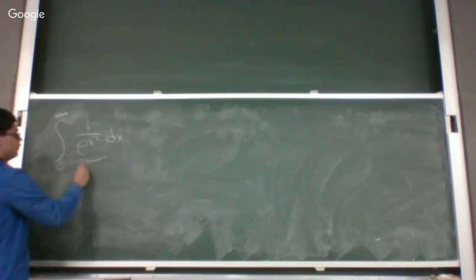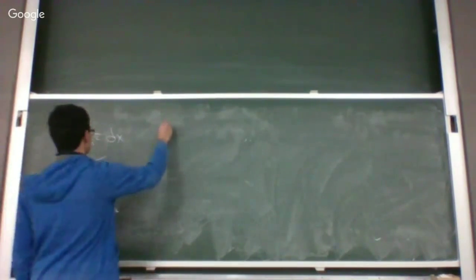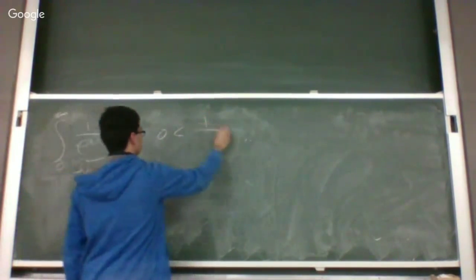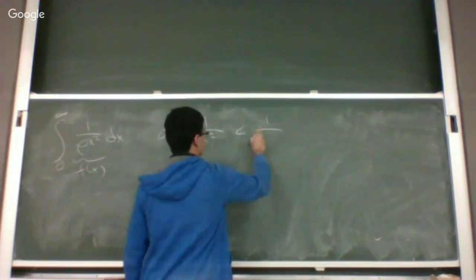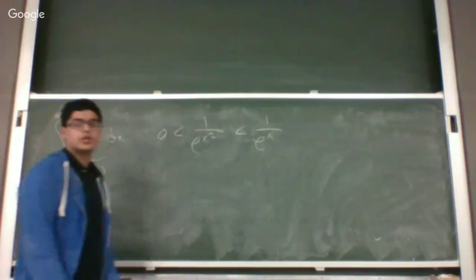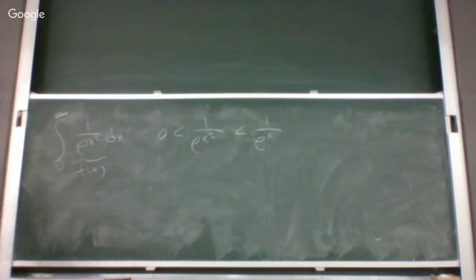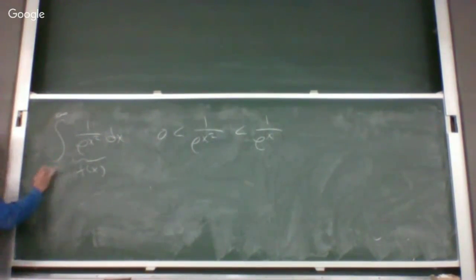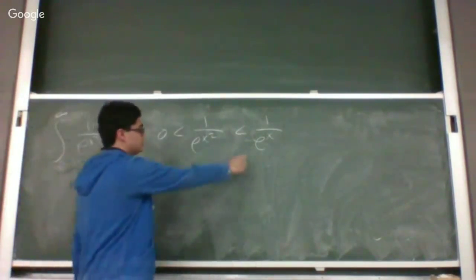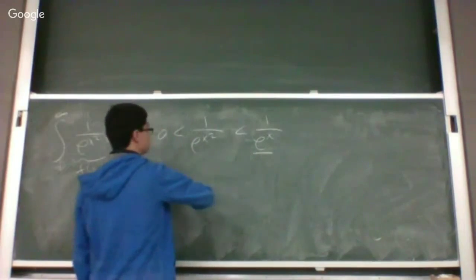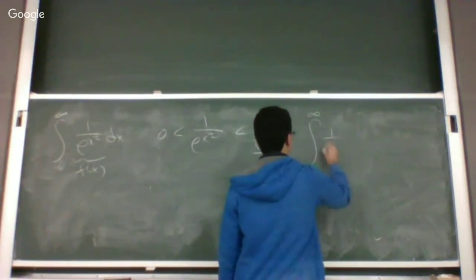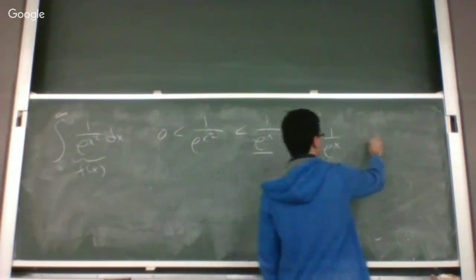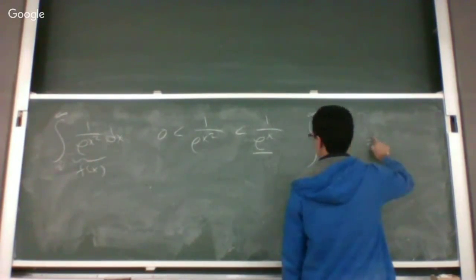But this was our f of x. So the g of x value that I chose was 1 over e to the x, from 1 to infinity. Now, I found that the integral from 1 to infinity of 1 over e to the x was equal to, was it a 0?